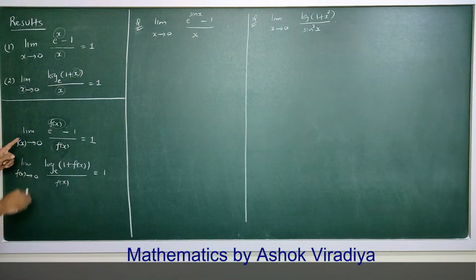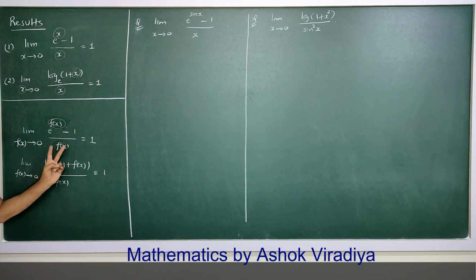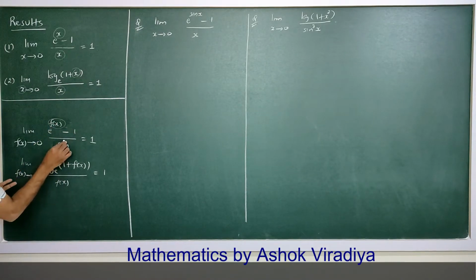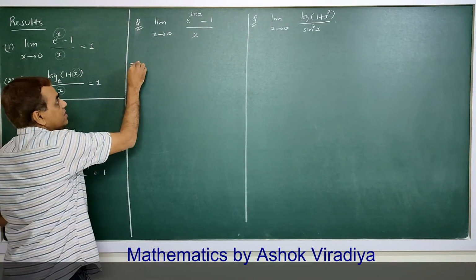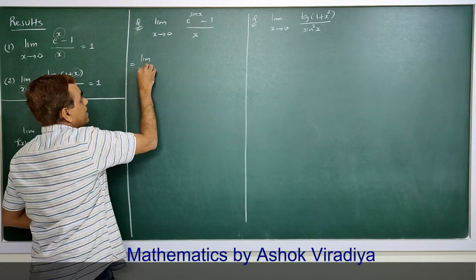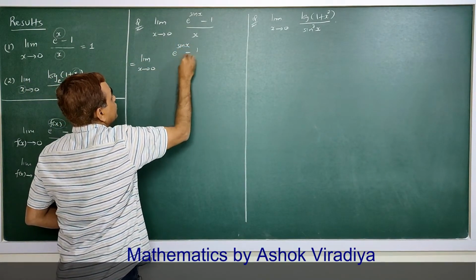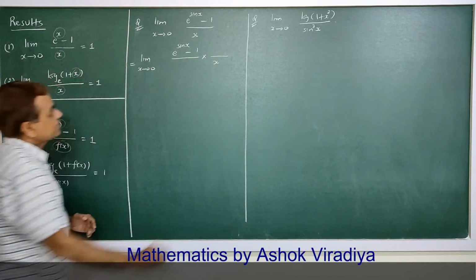To apply this rule, we require sin x here: e raised to sin x minus 1 upon sin x is 1 if sin x tends to 0. So what do we do here? This is equal to limit x tends to 0, e raised to sin x minus 1, and here I am putting x inside.